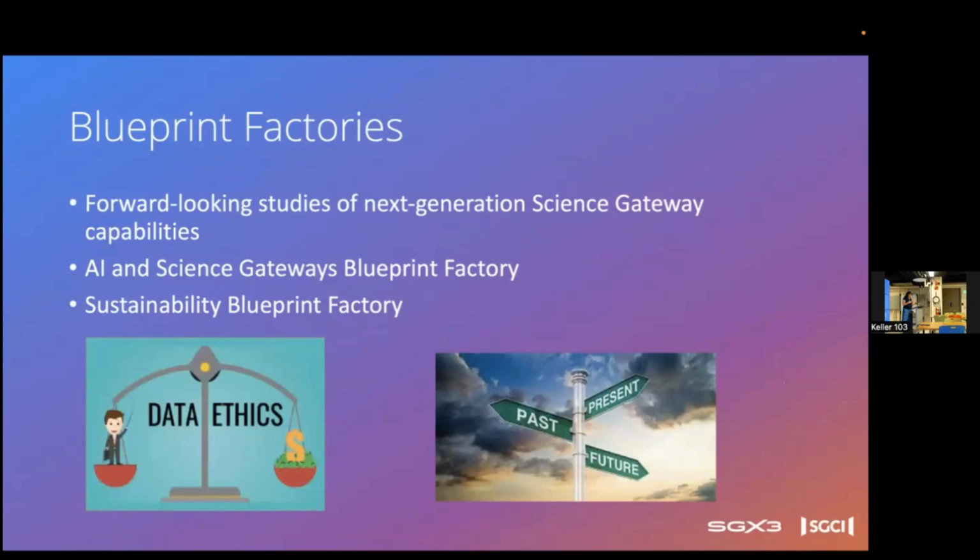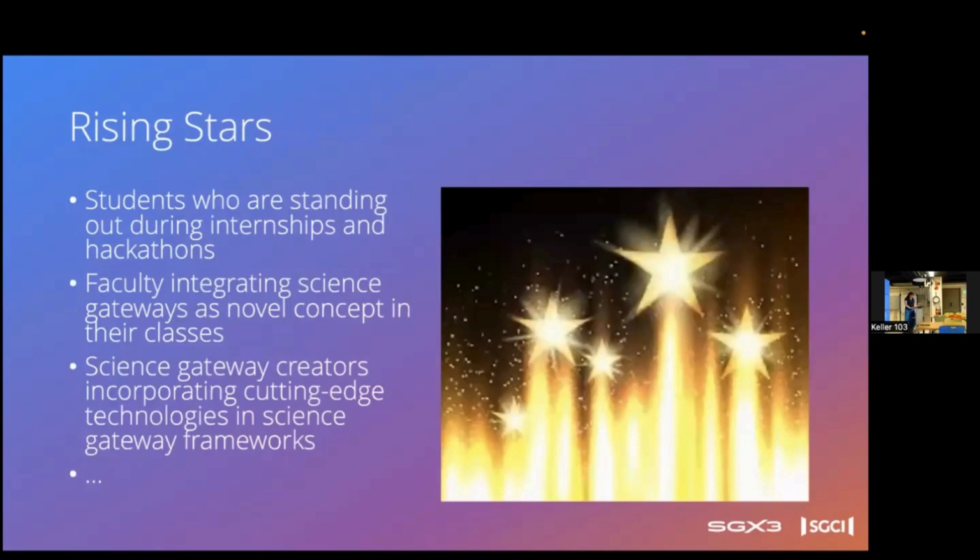And we are looking, not surprisingly, probably for everyone, at an AI and science gateways blueprint factory. And we have a sustainability blueprint factory to really look at what we need. What is the community? What is the next step for science gateways in the next 5 years?